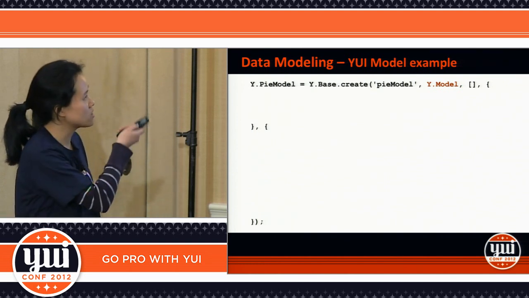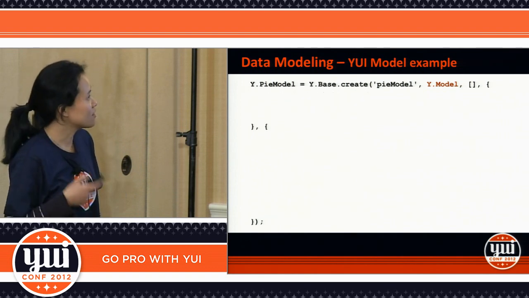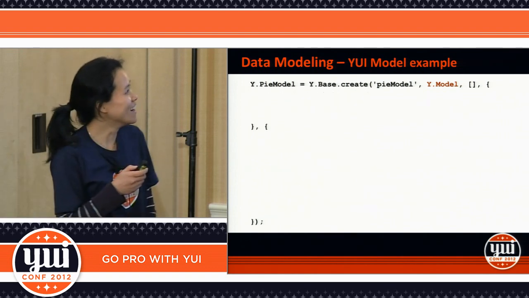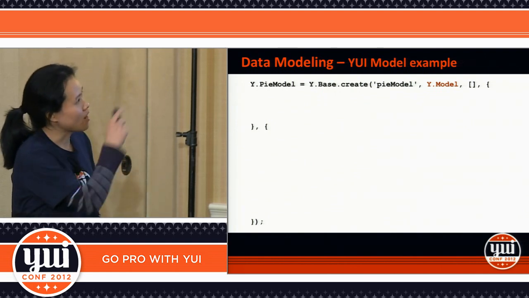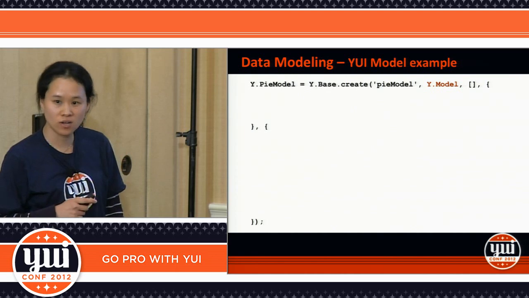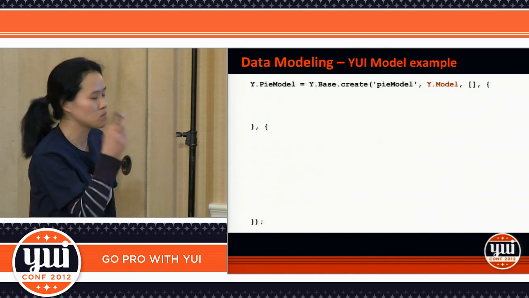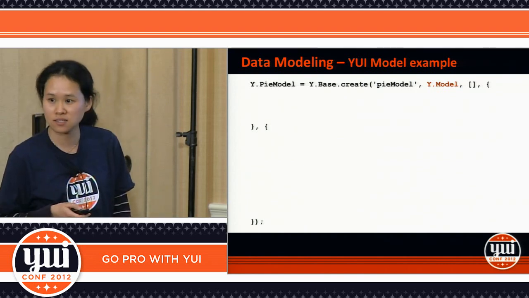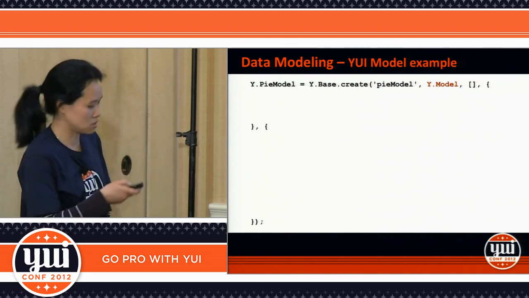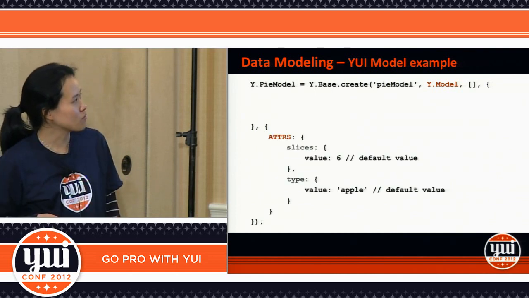And I've intentionally left two blank spots here. The first block is basically where you put your properties, the extensions, right? Your prototype methods on there. And the second block is where you declare the static methods and properties. So this is how you specify there.